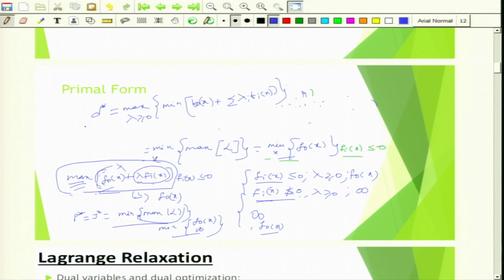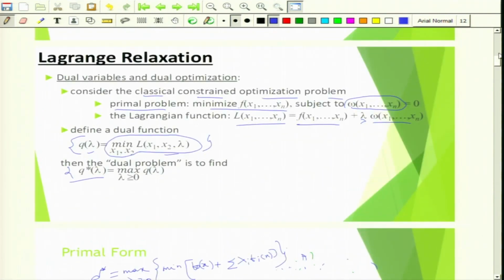This is the dual form, because I have already defined it in the previous slide. If you go through the previous slide, there is a dual form. The dual function is nothing but the minimum of the Lagrangian function, right. And then you obtain the maximum of q of lambda, that is your dual form.